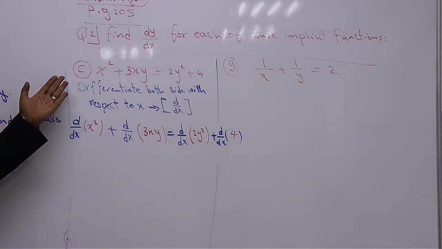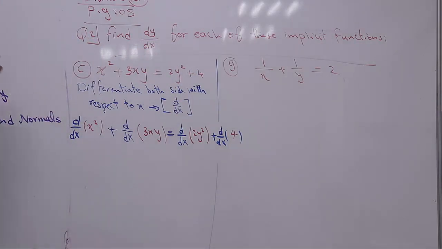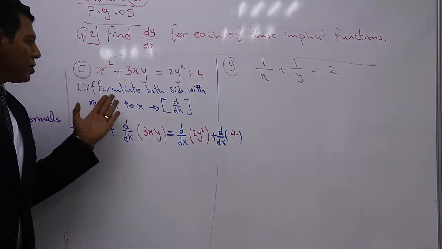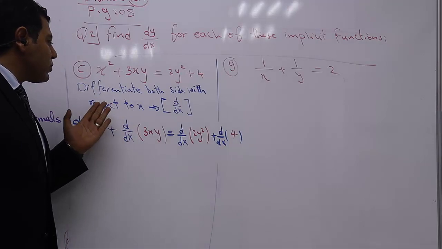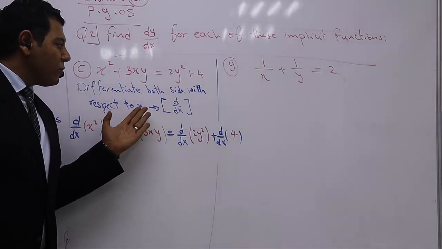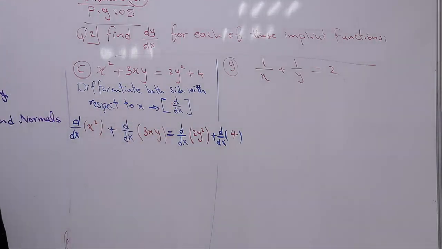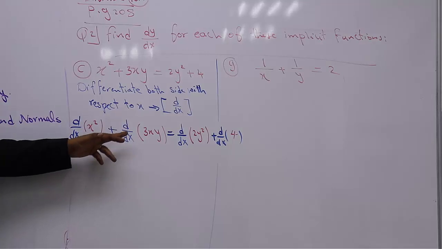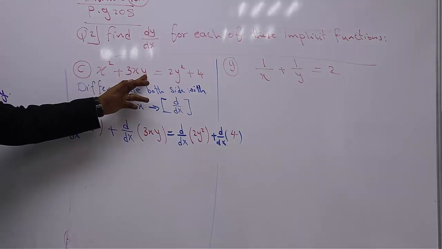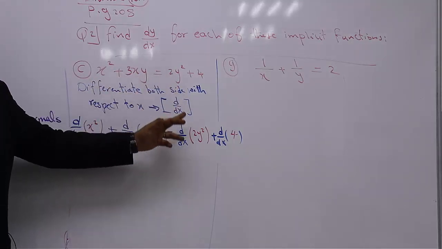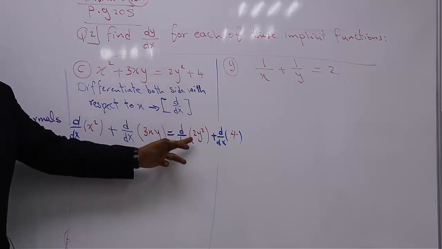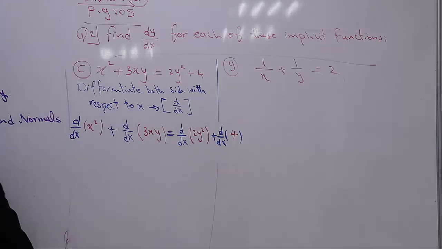You know that to find the derivative of any implicit function, the first step every time is to differentiate both sides, or all terms, with respect to x. d with respect to x for the first term, x squared, plus d with respect to x for the second term, 3x times y, and d with respect to x for this term on the second side, 2y squared, plus d with respect to x for 4.